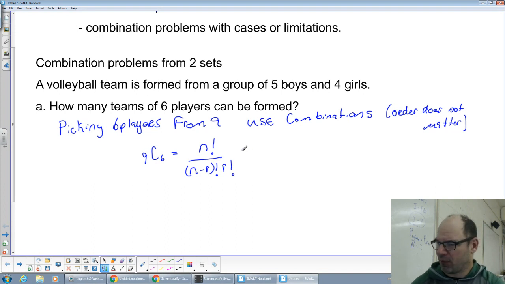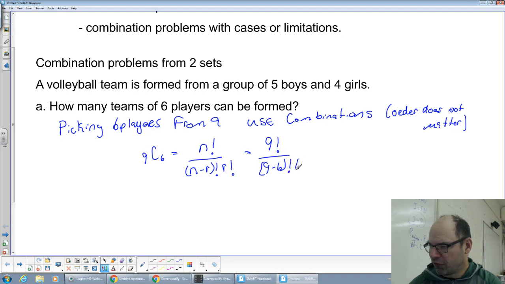So in our case, we're picking from 9 factorial over 9 minus 6 factorial over 6 factorial. So 9 factorial over 3 factorial times 6 factorial.